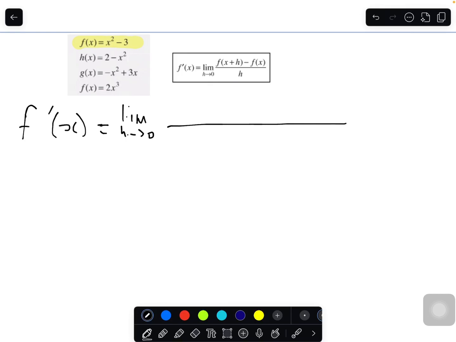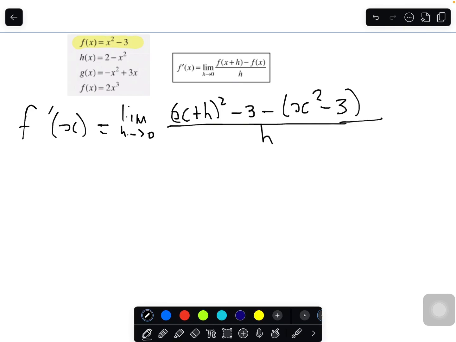So I'm going to have x plus h all squared minus 3, minus, and this part I like to put into brackets to make sure I don't make any mistakes, and I'll open the brackets, x squared minus 3, and all of this is going to be over h.